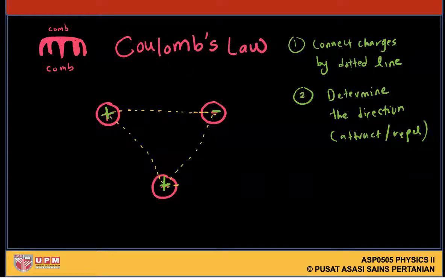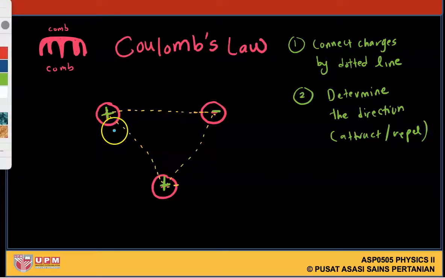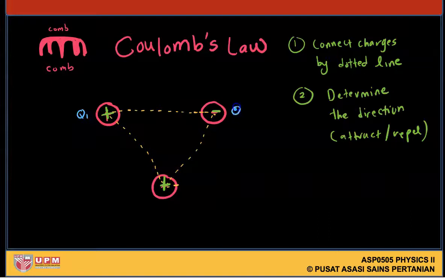Let's try that here. Let's say this is Q1, this is Q2, and this is Q3. So Q1 with Q2, positive with a negative. Like charges repel, which means that different charges will attract.